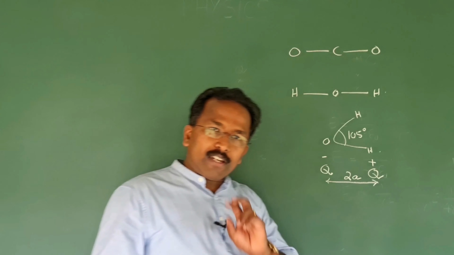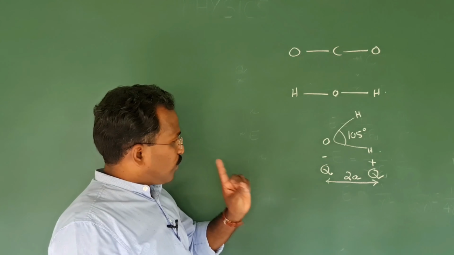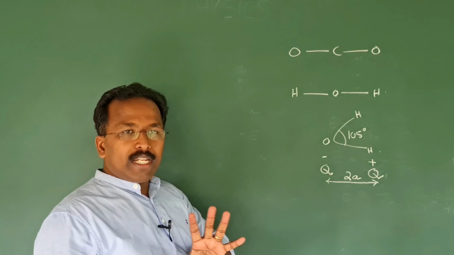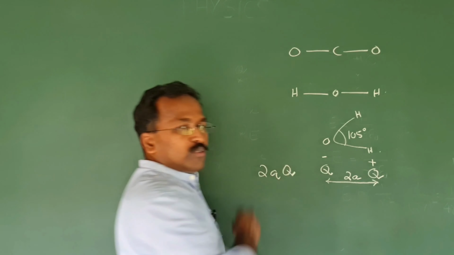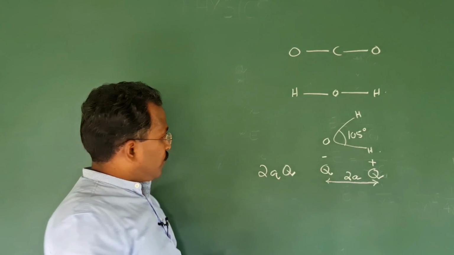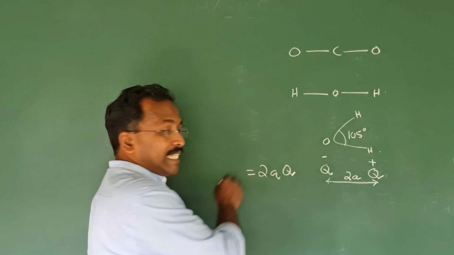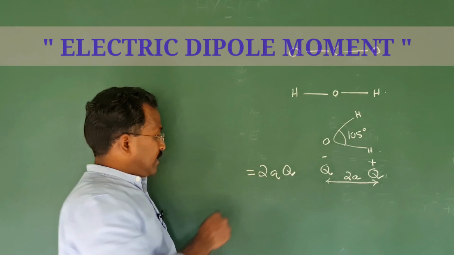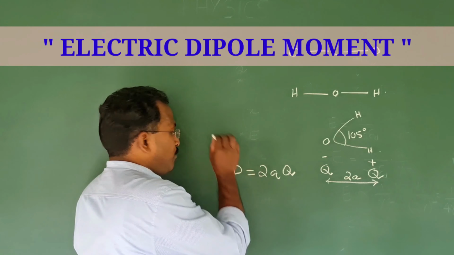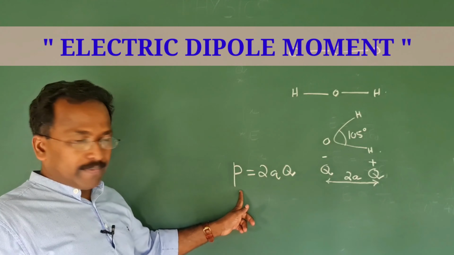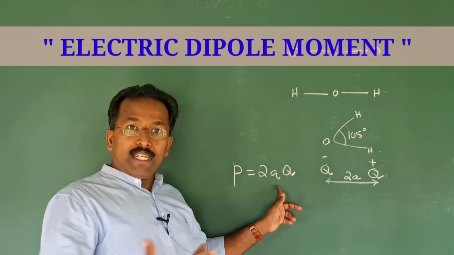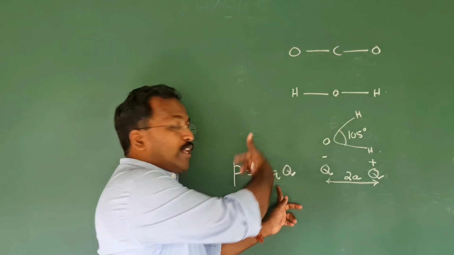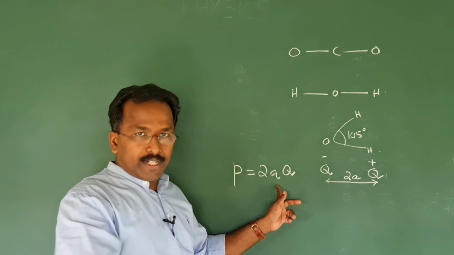Whenever we are talking about the electric field of this dipole, a quantity 2aq comes very often. We call this quantity the electric dipole moment and give it the symbol P, small letter p. It is called electric dipole moment because it is very often present in electric field calculations.